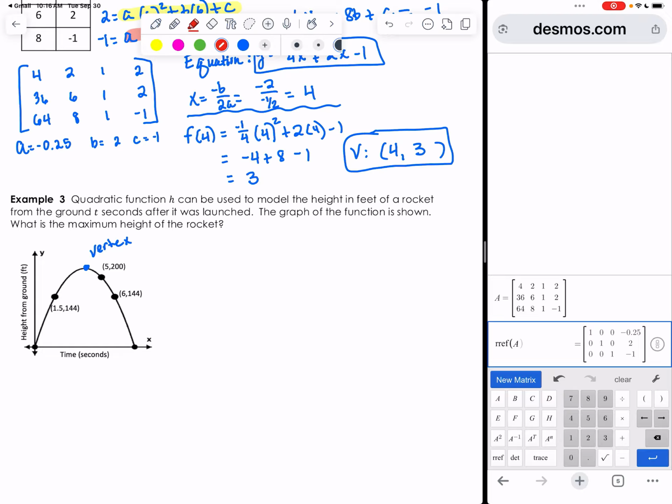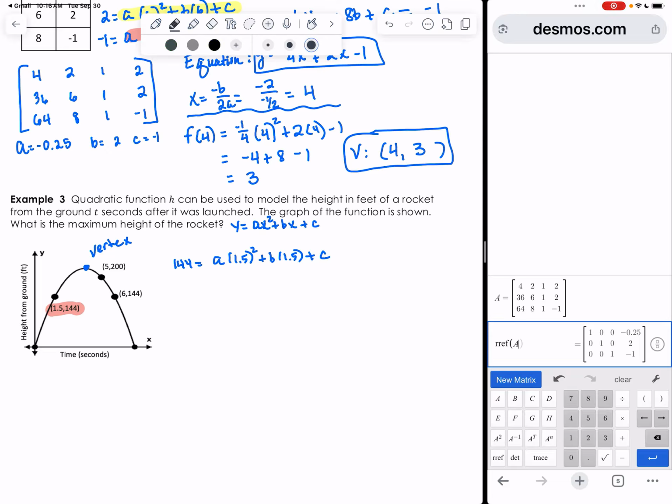So I'm going to take each one of these points, starting with 1.5, 144, and plug it into our standard form, y equals ax squared plus bx plus c. So 144 equals a times 1.5 squared plus b times 1.5 plus c.